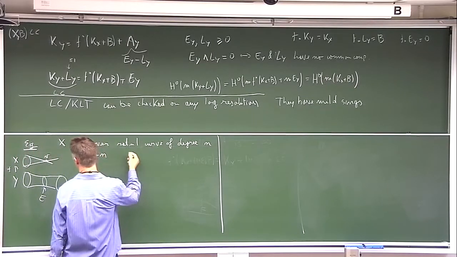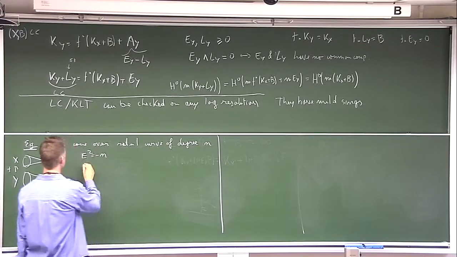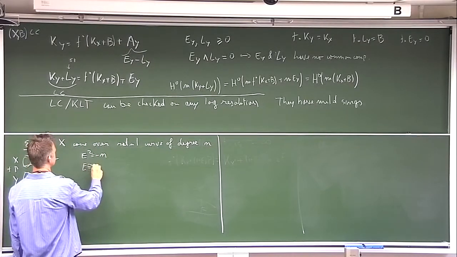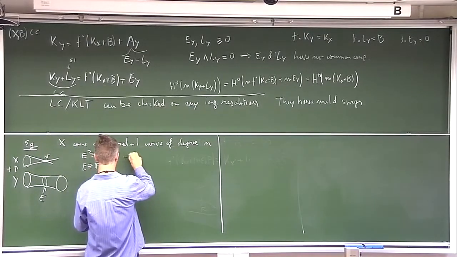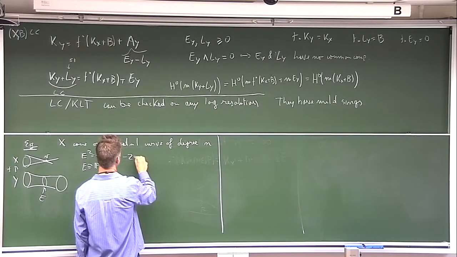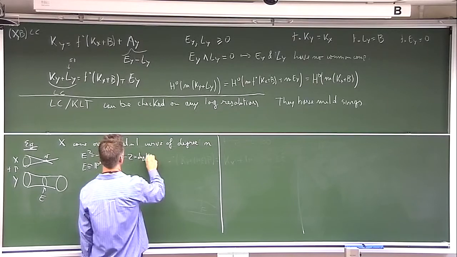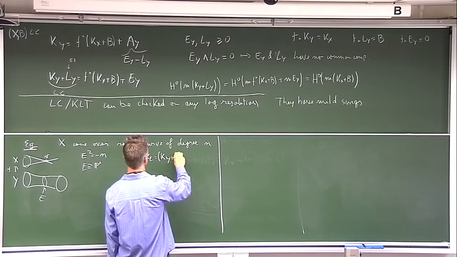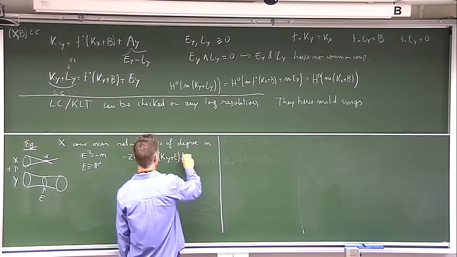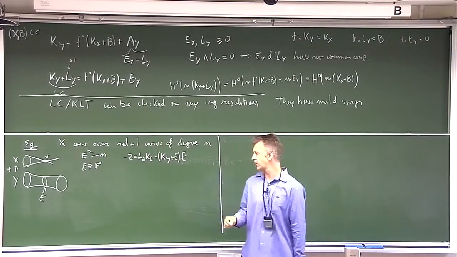So you use adjunction because this E is, by assumption, a rational curve. So minus 2 is the degree of the canonical class, which you can compute by adjunction. It's a smooth curve on a smooth surface, by intersecting K of Y plus E with itself.